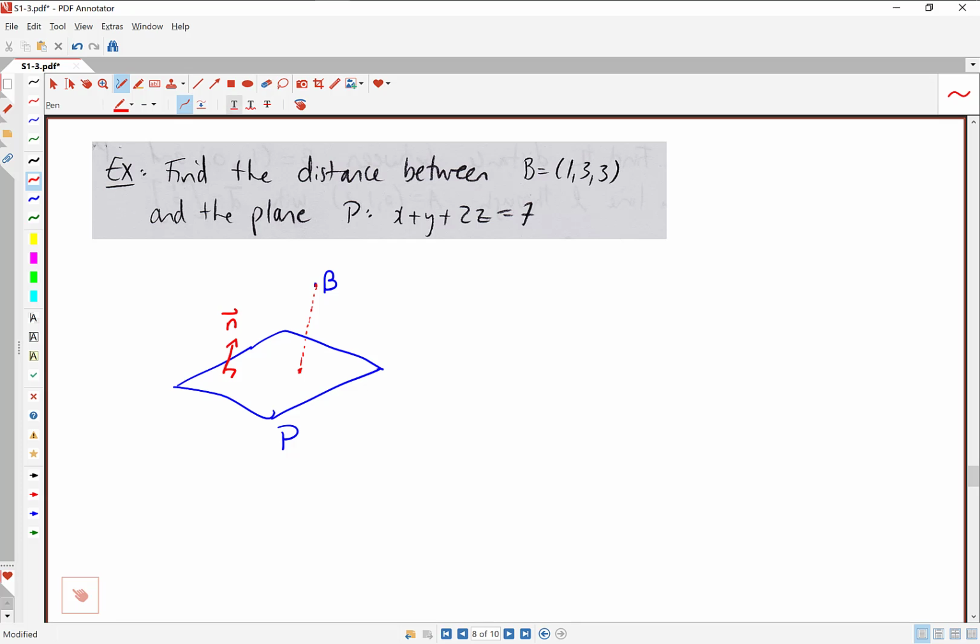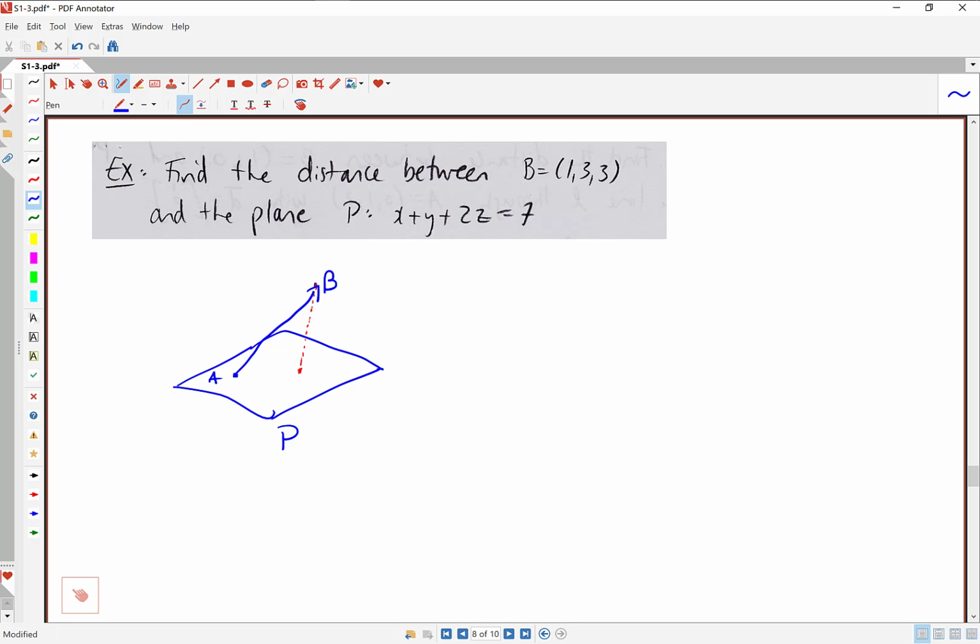B. So here's how we're going to solve the problem geometrically. We're going to start by choosing any point on the plane. It does not matter how we choose that point, and we'll call that A. So we can build a vector going from A to B, and that almost certainly will not be parallel to our normal vector.